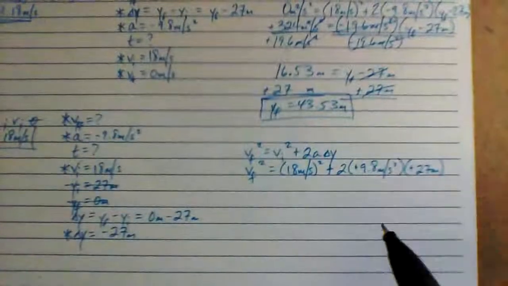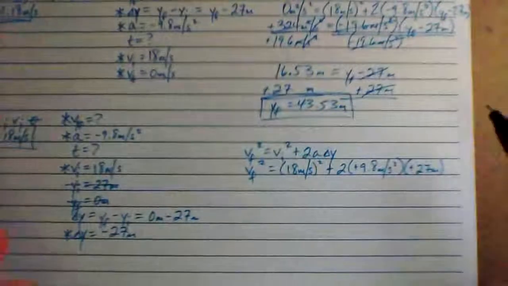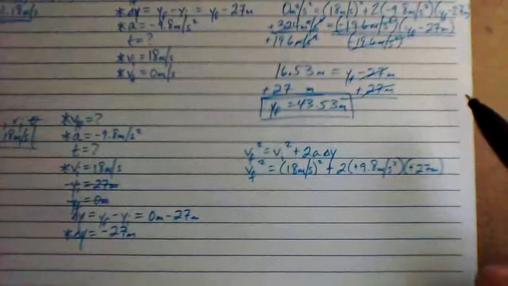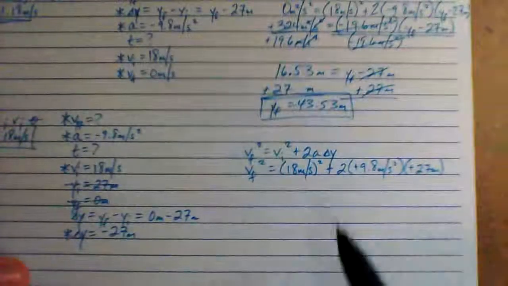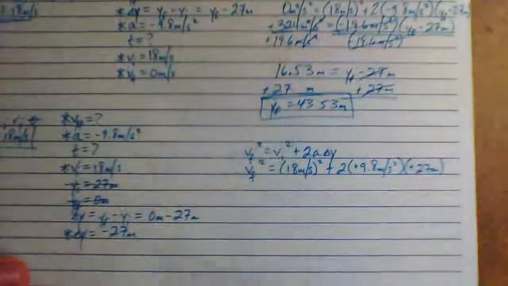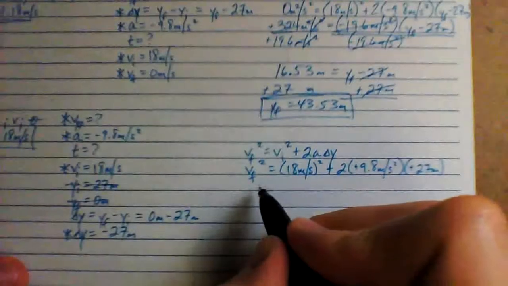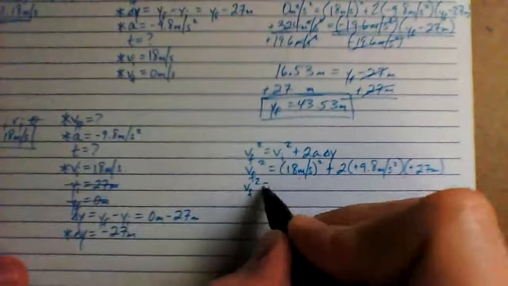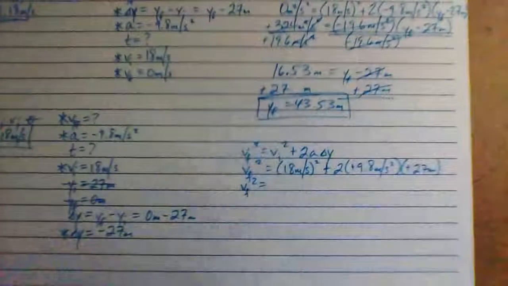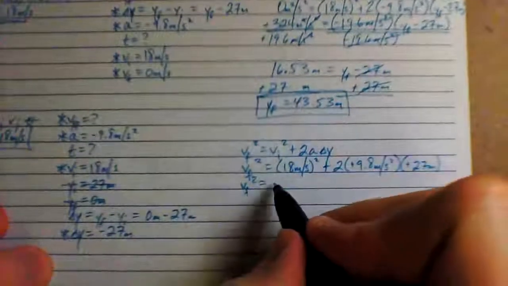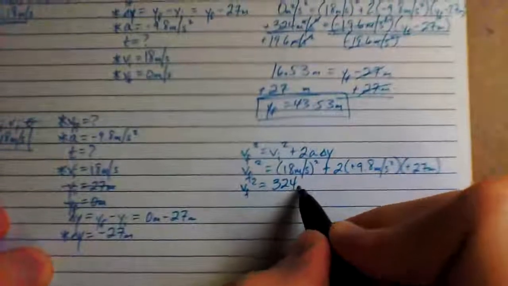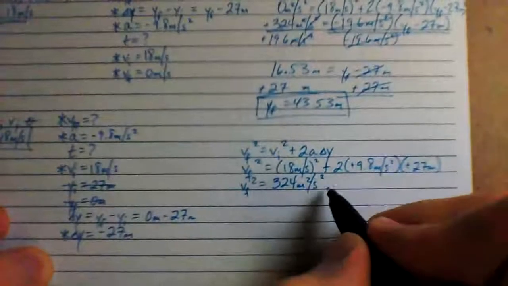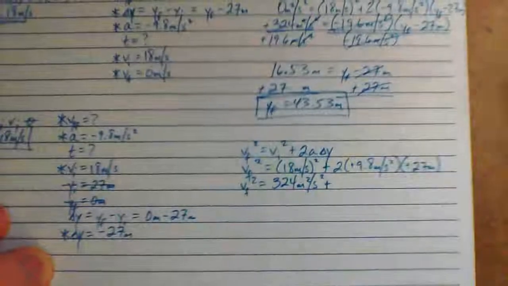I have 18 squared previously, it's 324. We can see that right up there. So Vf squared equals 324 meters squared per second squared plus, I'm going to multiply all that stuff out.